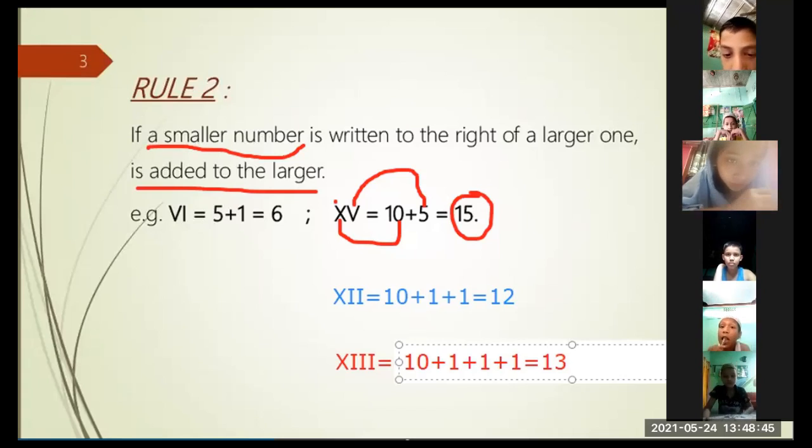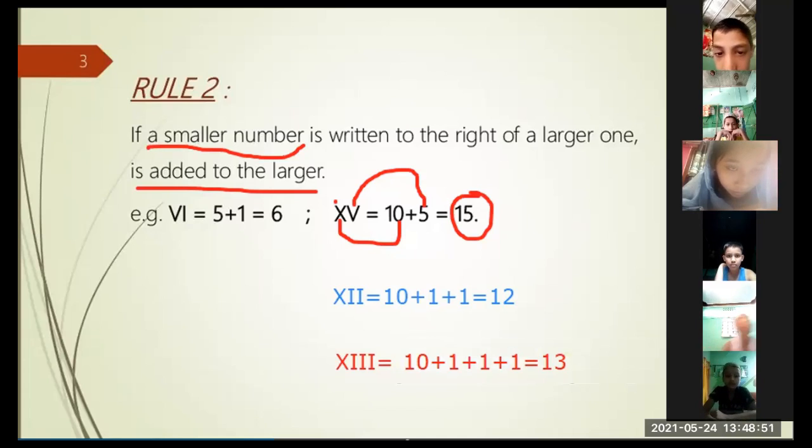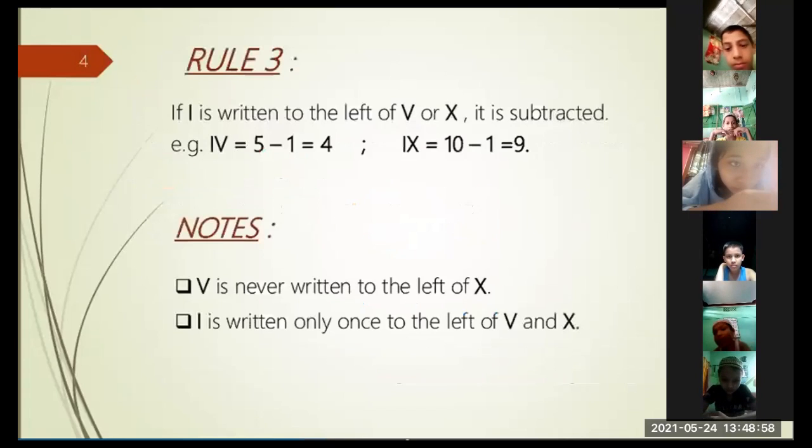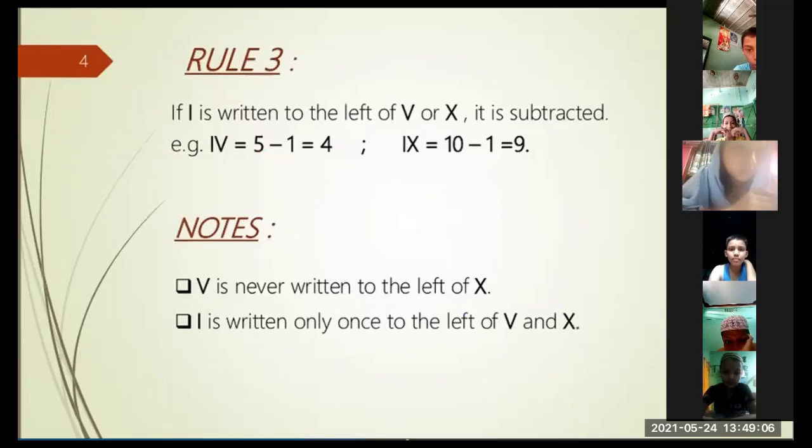Okay. So next we'll move to our next slide. Let's see what is there in our next slide. So in the next slide you can see rule number 3. First, how many rules have we got, Rehan? Sir, first we got 2 rules.